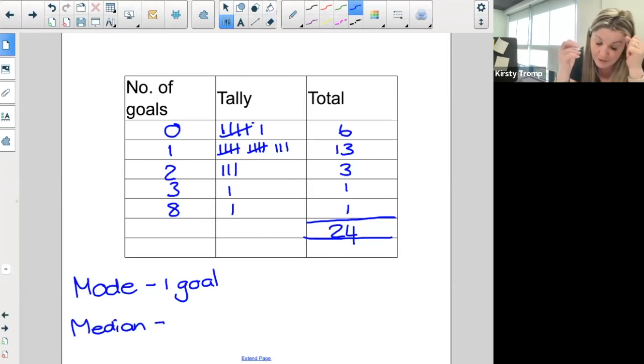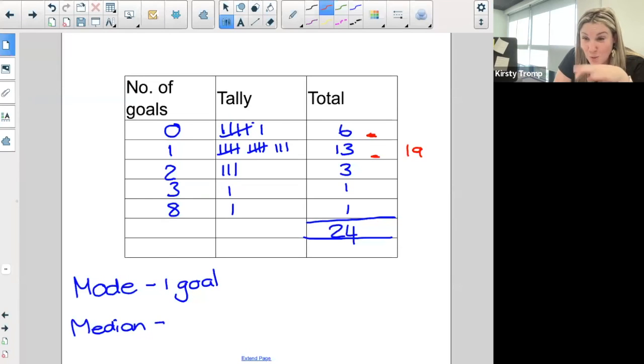Let's go see. Up to this point here, I'd played 6 games. That's not going to help me with the median for my data. If I say 6 plus 13, it gets me to 19. So altogether so far I'd played 19 games.